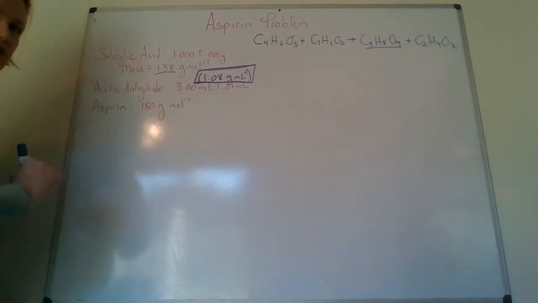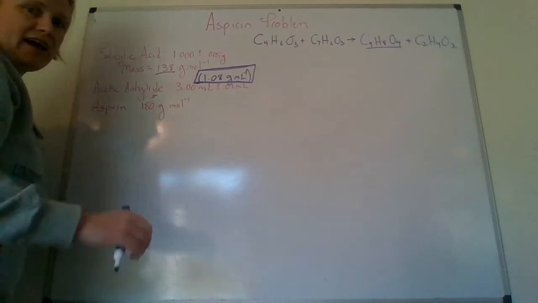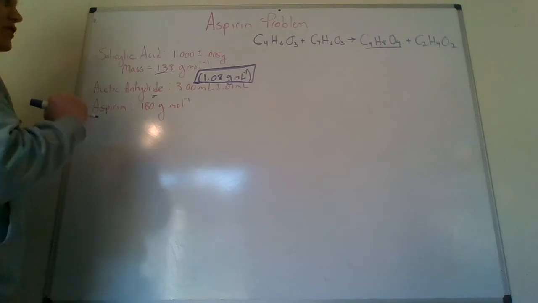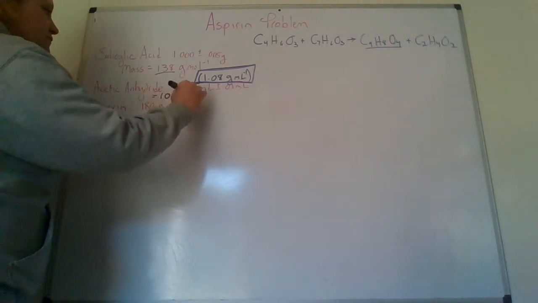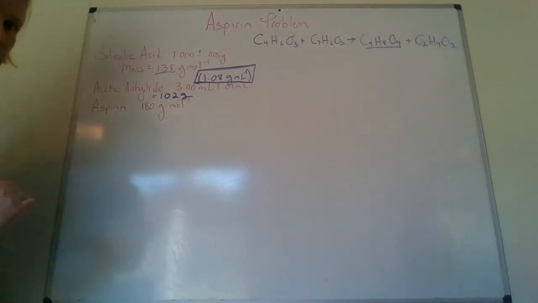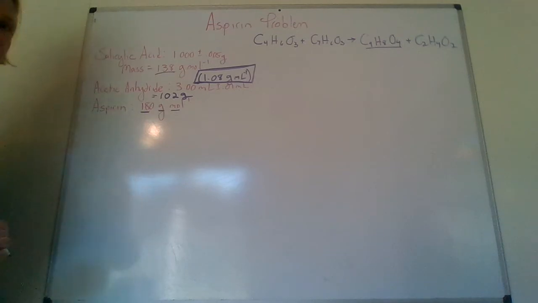I'm going to show you how to use that density in a second. The acetic anhydride has a molar mass of 102 grams per mole. And then I've calculated for you the molar mass of aspirin, 180 grams per mole.